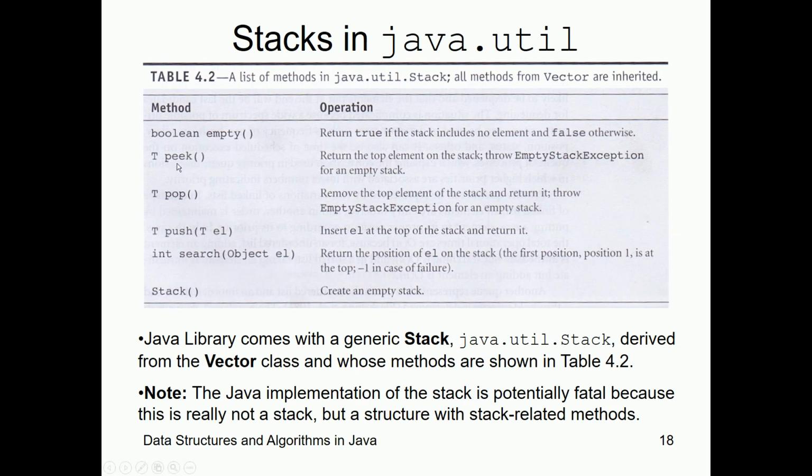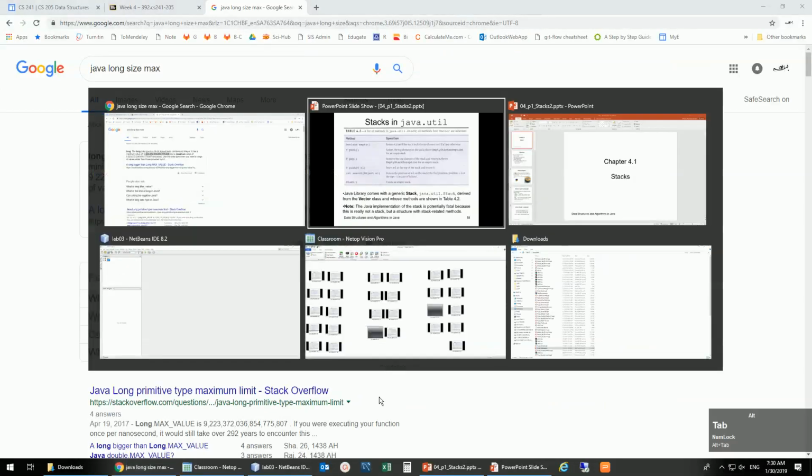This is what peek means. And pop, push, we know them. And they also have a search for an object, which returns the position of the one that you would like to find. And it's implemented using a double linked list, I think.